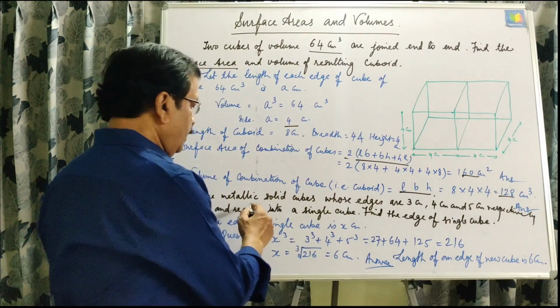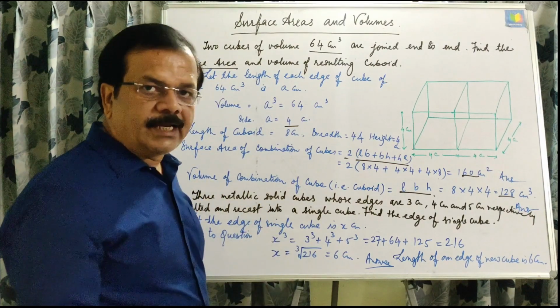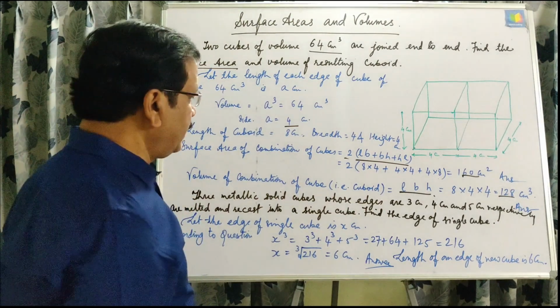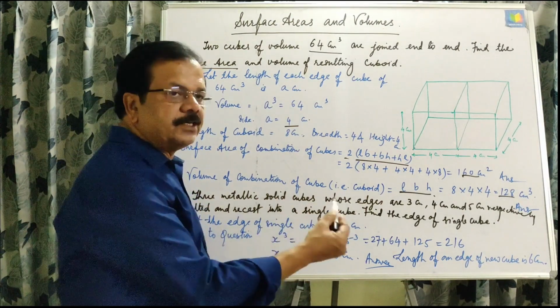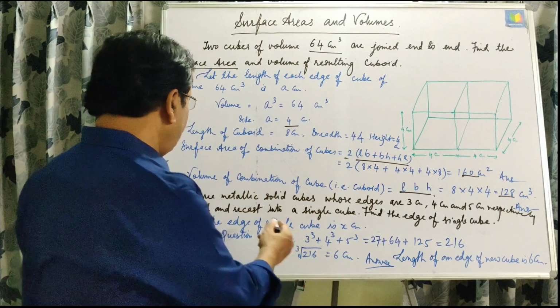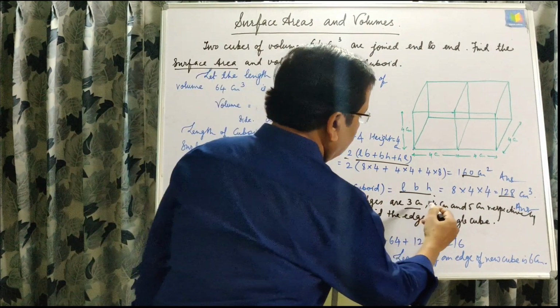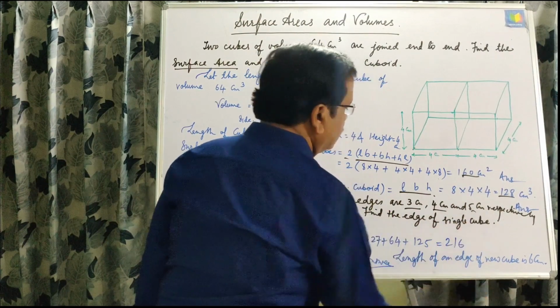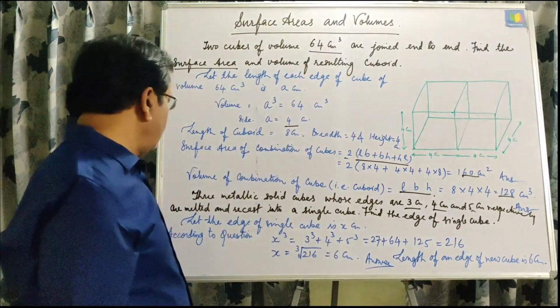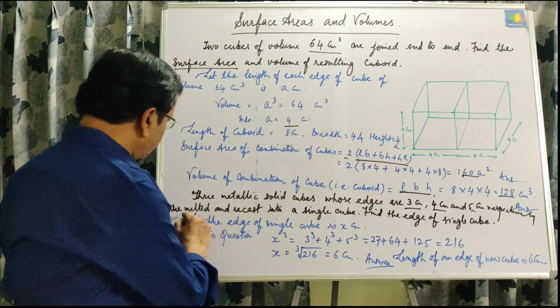Now next question is related to another type, that is when something is melted and recast in some other ones. Here 3 metallic solid cubes whose edges are 3 cm, 4 cm and 5 cm respectively are melted and recast.